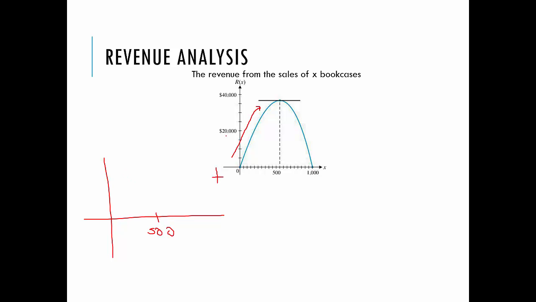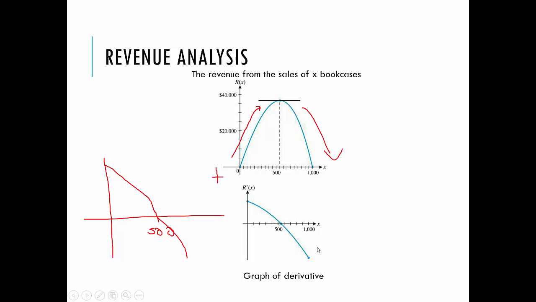So it's positive, and then it hits 0, and then it goes negative. So as you're going to see, that's all the graph looks like: it's positive above the x-axis, 0 on the x-axis, negative below the x-axis.